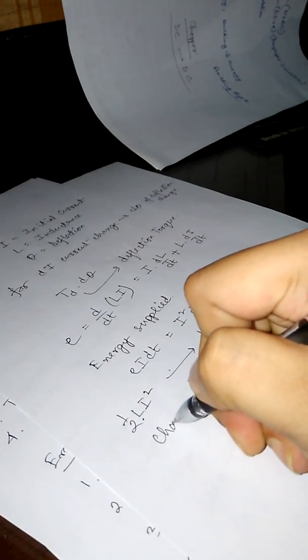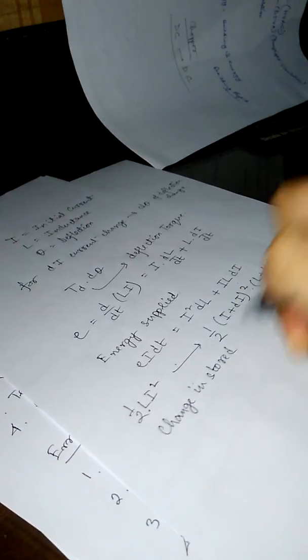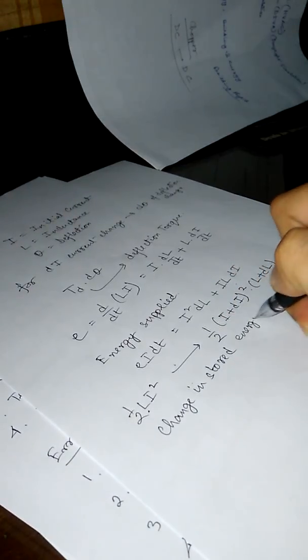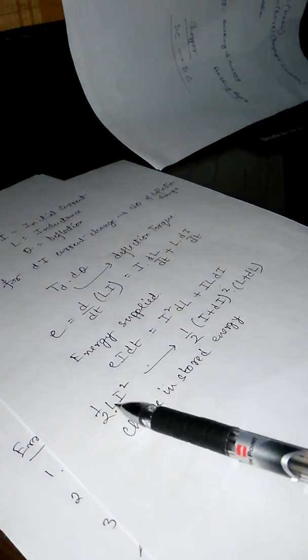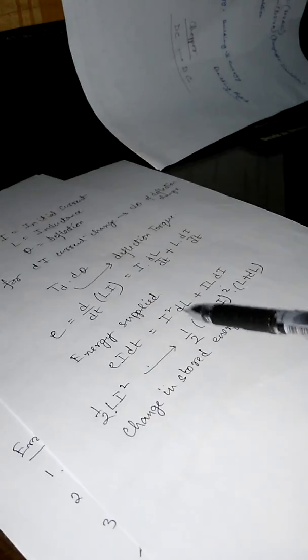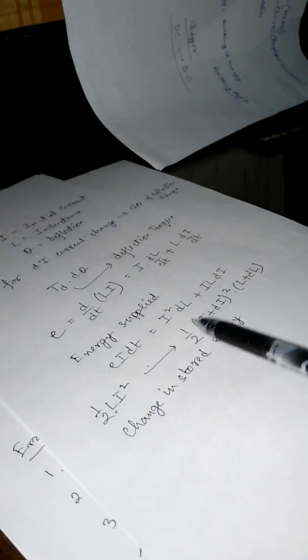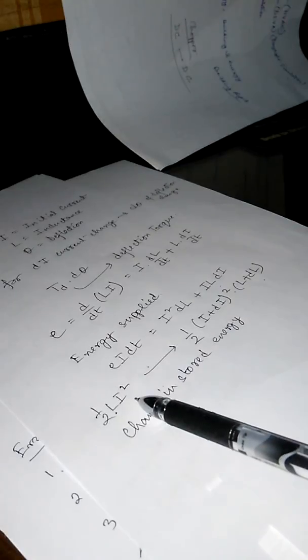So what will be the change in stored energy? That is the difference between the final energy form and the initial energy form. So I have to differentiate between the final energy form and the initial energy form.